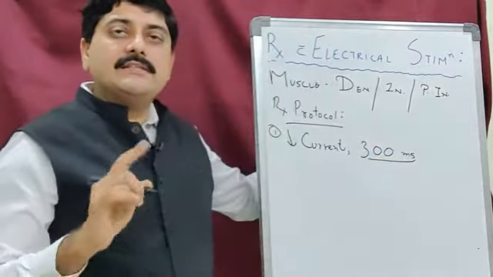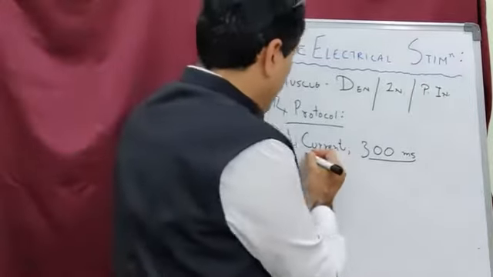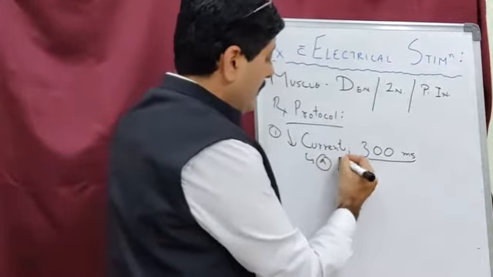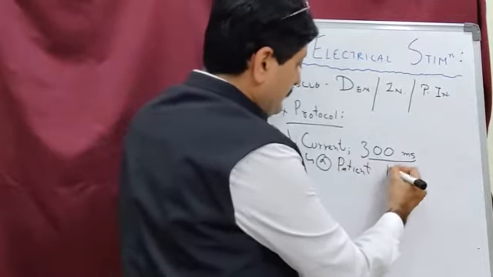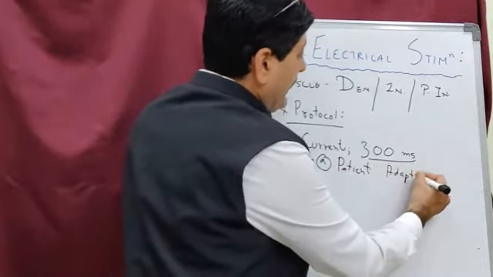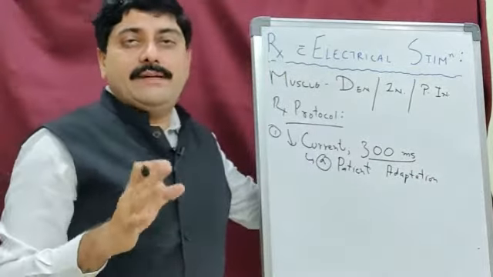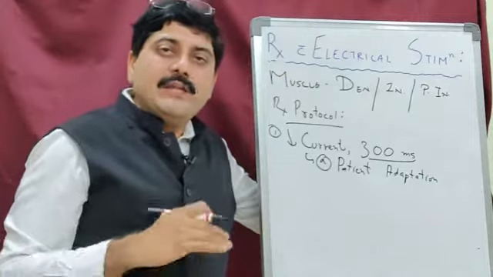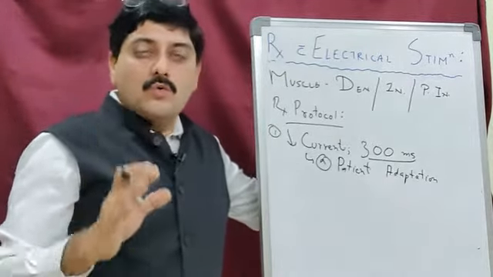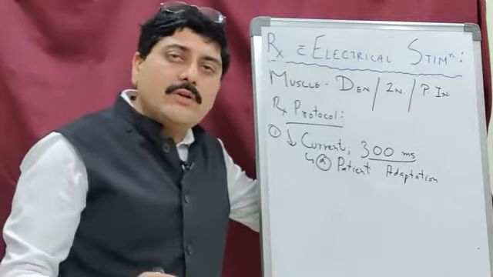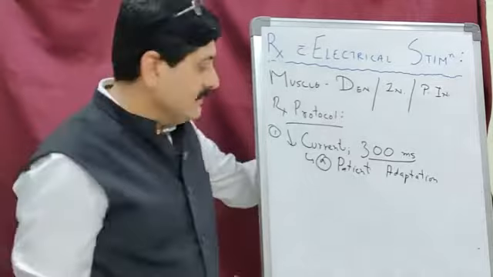So always we will start stimulation with the longest duration because of 2 things. Number 1, patient adaptation. The patient should get adapted to the treatment and the treatment procedure. If the patient is not getting adapted to the treatment or treatment procedure, he will not cooperate, and if the patient is not going to cooperate, we are not going to continue with the treatment, right?